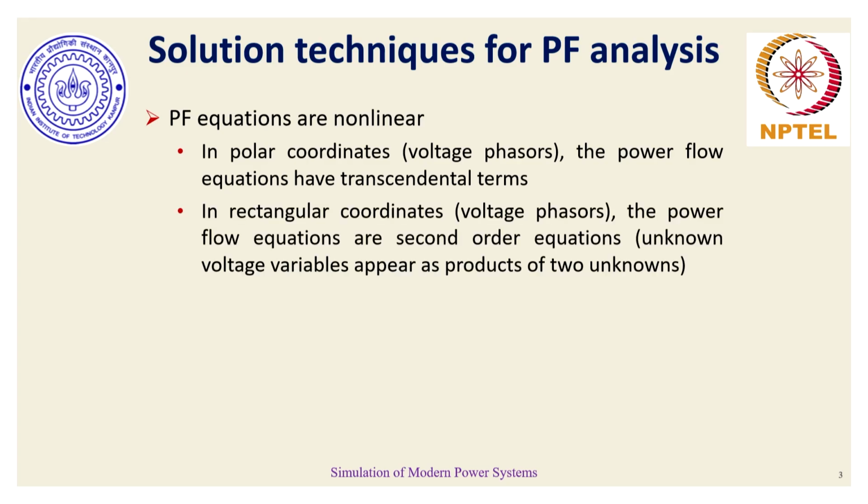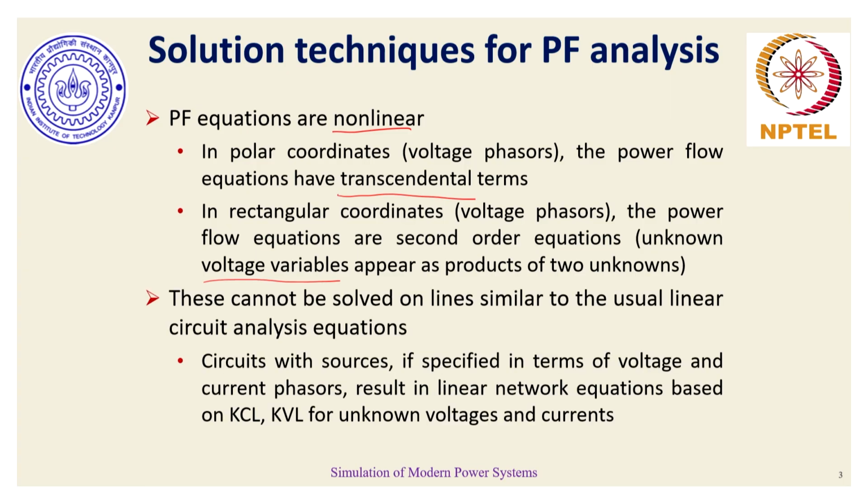Given these equations in terms of voltage variable products, they are nonlinear, and the typical KCL, KVL, nodal or mesh analysis based understanding that we have had for typical electric circuits where sources are defined as voltage sources or current sources, that linear analysis is no more applicable for the nonlinear equations at hand.